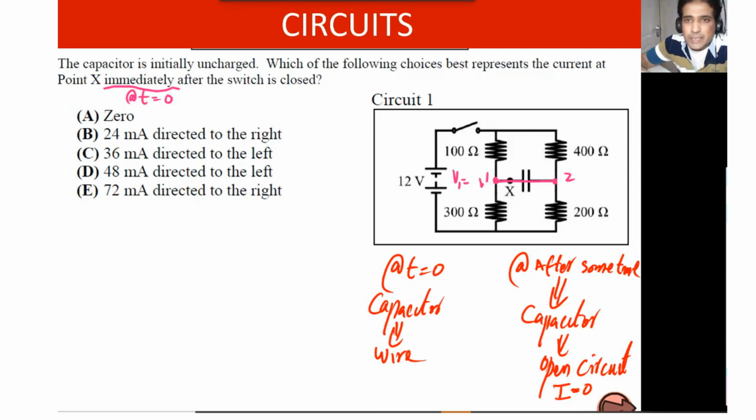Let's say at this point the potential is V1 and at this point the potential is V2. Because this is simply a wire, the potential here has to be equal to the potential here.